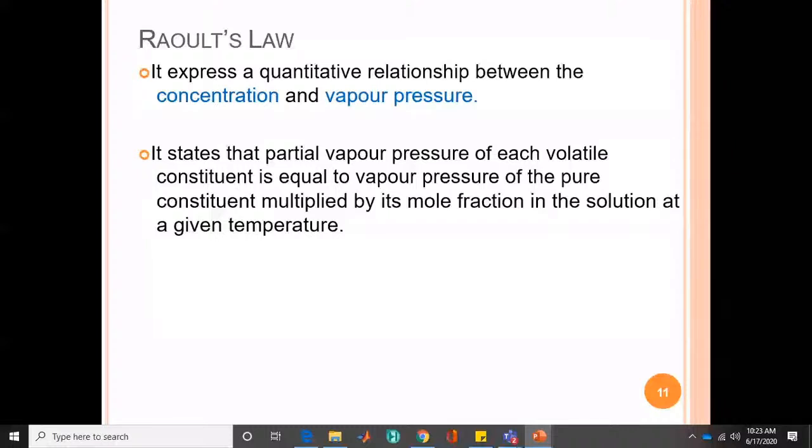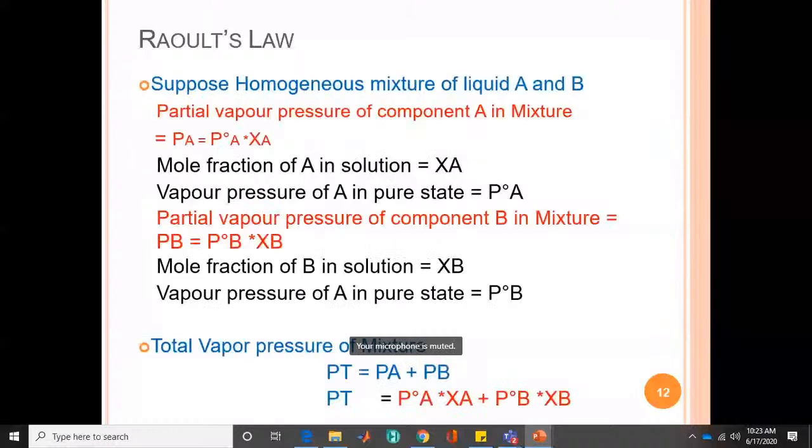Let's go through its mathematical equation. Suppose you have a homogeneous mixture of component A and component B. The partial pressure of component A in the mixture would be its partial pressure in its pure state multiplied by mole fraction. That's very simple. This is how you're going to calculate the partial pressure of any component.